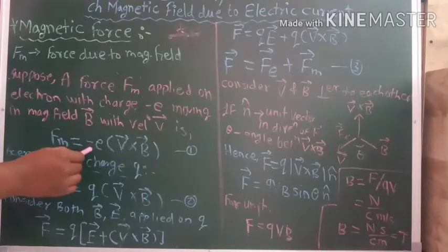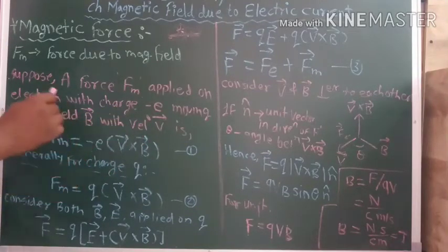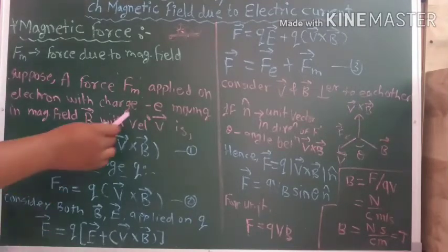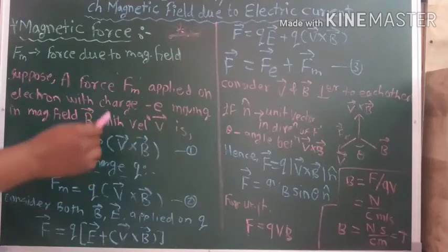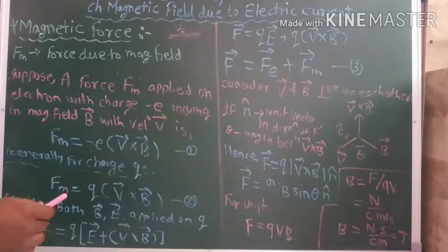Here we consider the charge minus e, a moving charge. We know that charge is Q, which can be positive or negative, but here we consider the electron, whose charge is minus e, a negative charge.